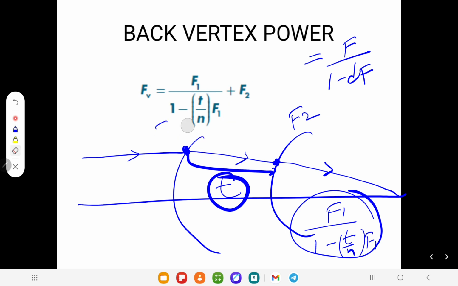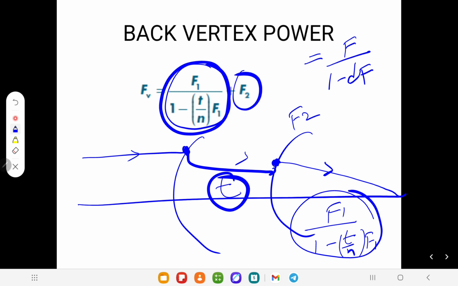So you have to understand what it is. It's the downstream vergence of the front surface till F2, and then you add F2. We don't have to calculate the downstream vergence of the F2 surface because light travels from the front surface to the back surface. That's why we call it the back vertex power, because it is the power at the back vertex. Do you understand?